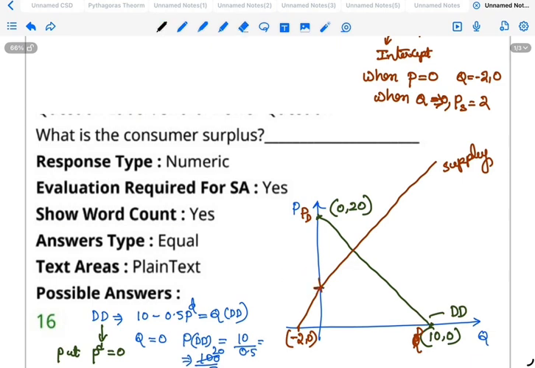This is supply and this is the demand curve, where these are meeting.